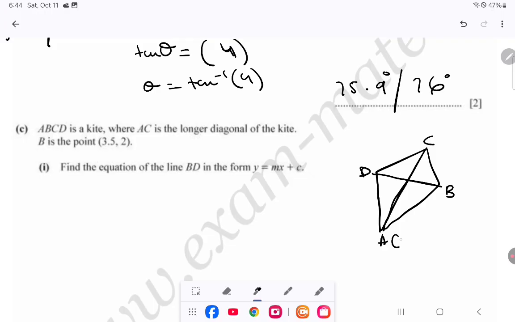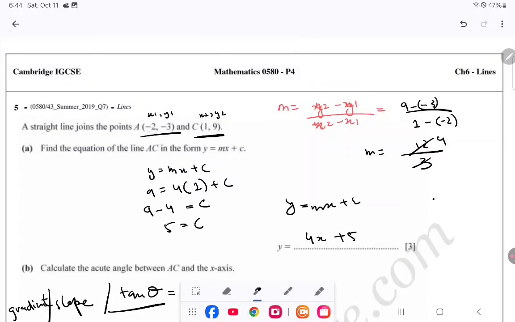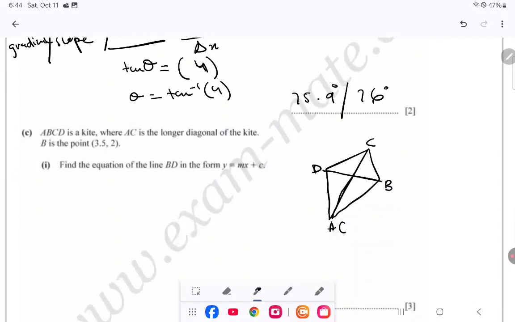A is given as (-2, -3) and B is given as (3.5, 2).